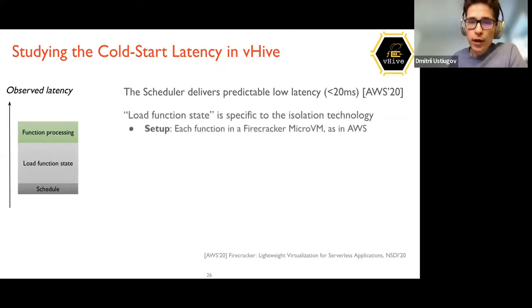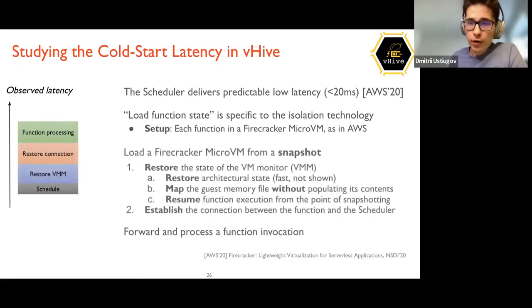The second category is related to loading the state from the storage, and this depends on the function instance isolation technology. And the third phase is actually the processing. In our experiment, each function runs in a Firecracker micro VM, like in AWS.